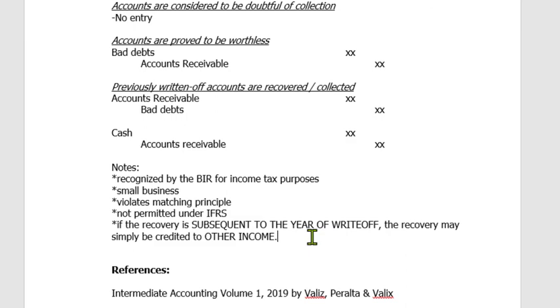So if you have the book Intermediate Accounting Volume 1 by Valix, you can refer to the extensions of the discussions throughout the receivable because i-discuss natin siya. Because this is vital. Kailangan matutunan ito.